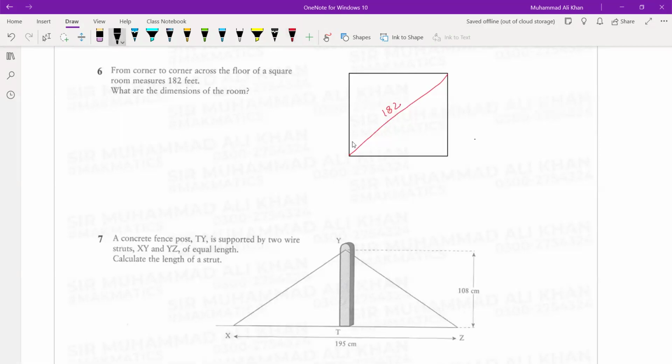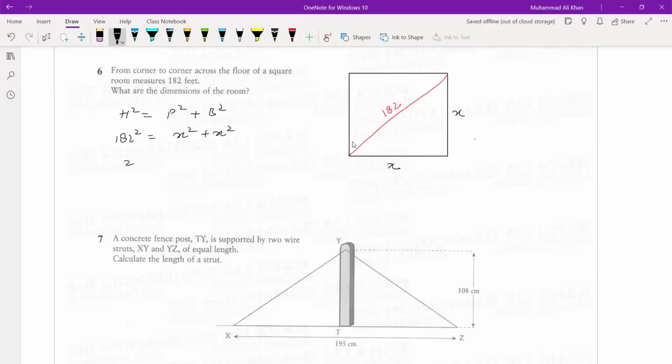It is a square room. So the length is equal to the breadth because this is a square, right? So now, by using again Pythagoras theorem, hypotenuse square equals to perpendicular square plus base square. We have the hypotenuse side, which is 182 square equals to perpendicular is x, base is x.